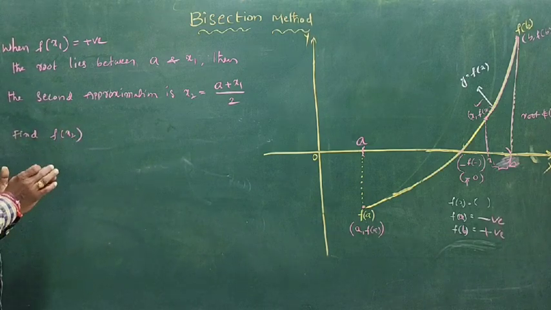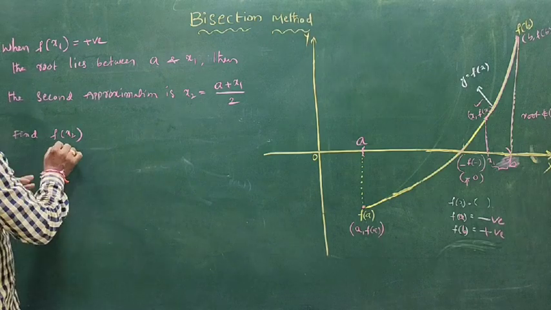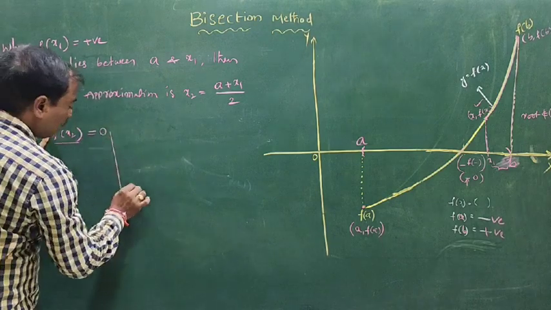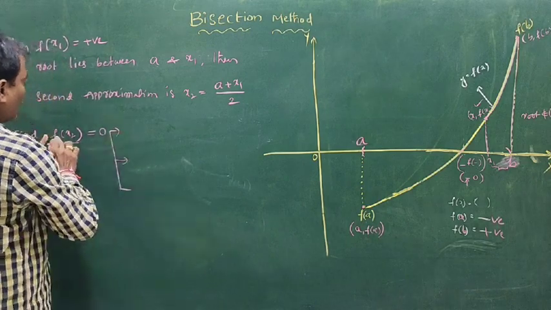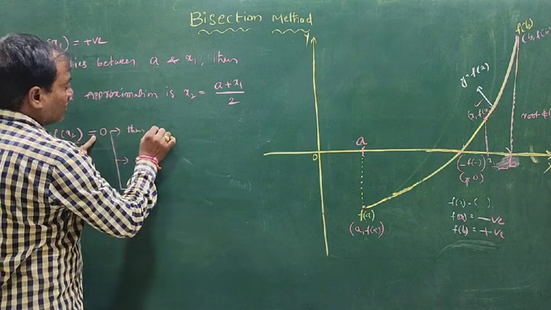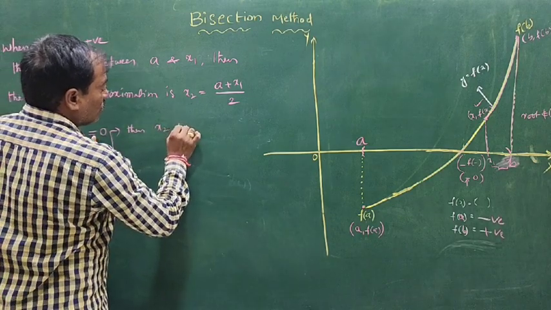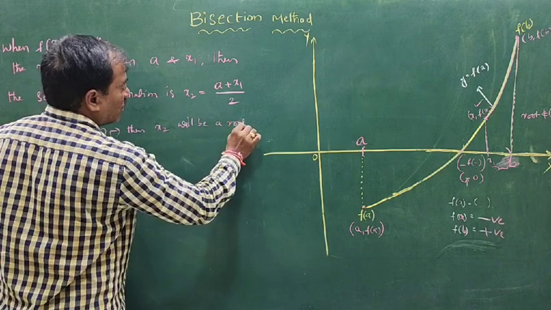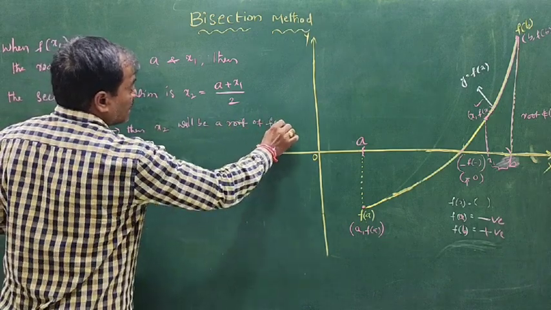Now again there are three options. When f of x2 equals 0, x2 will be a root of f of x.